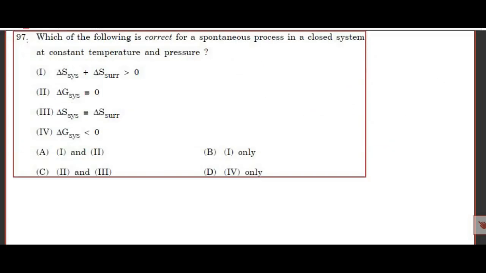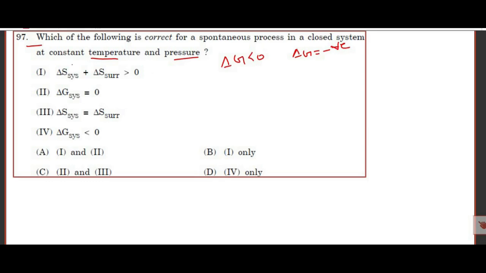Question number 97. Which of the following is correct for a spontaneous process in a closed system at a constant temperature and pressure? For a spontaneous process, know that delta G is less than 0, or delta G is equal to a negative value.